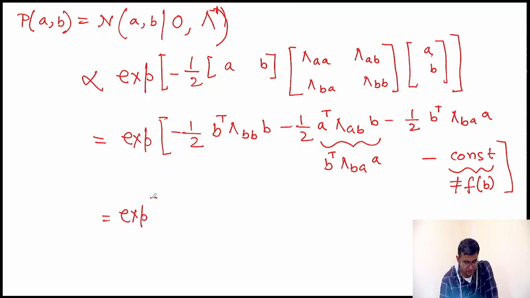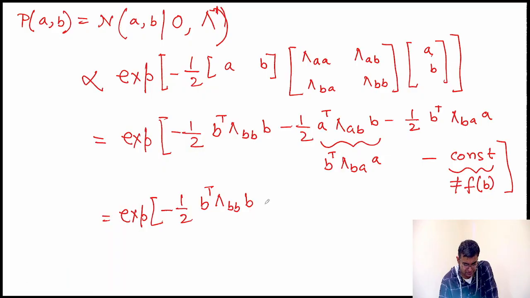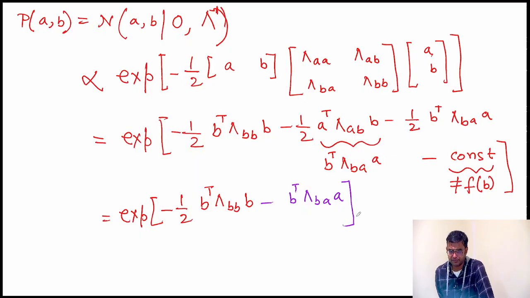So exponential of minus half B transpose lambda BB B, this is my quadratic term, minus, now there are two halves, so it will become 1, so minus B transpose lambda BA A.